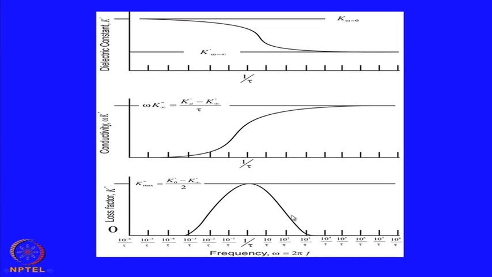This is when the frequency is the inverse of the relaxation time, and then the whole process is in phase with the applied field, and therefore a large loss takes place. The area under this curve is the total energy loss. So, higher the conductivity, higher will be the peak, and so on.